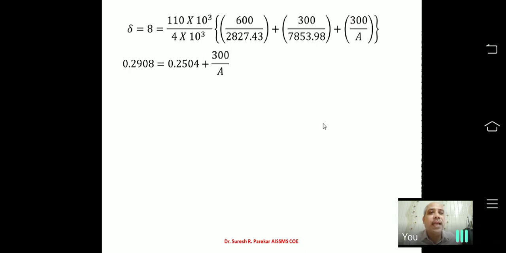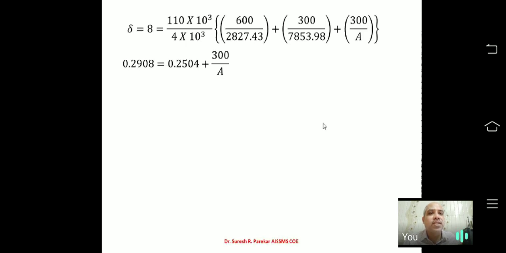So from this I will get, now you can see that the value of delta is given as 8 millimeter. Now we have calculated these values. 4 into 10 raised to 3 we have taken on the left side, and 110 into 10 raised to 3 also we have taken on the left side, and therefore we have 2908.